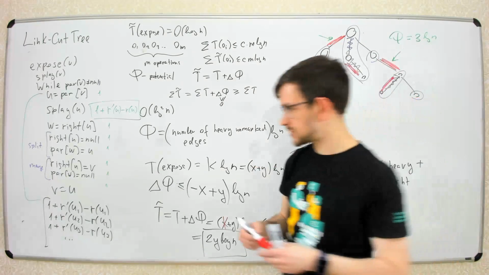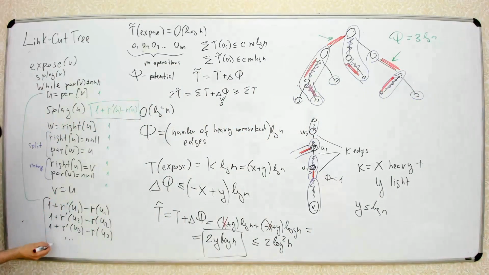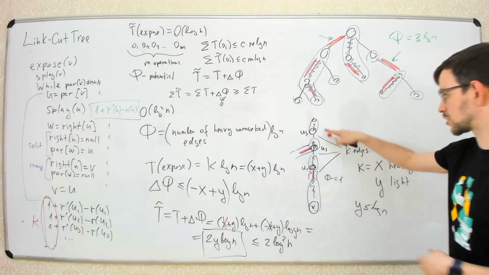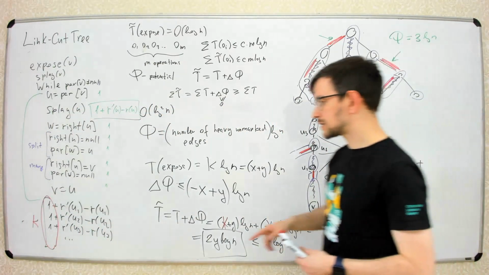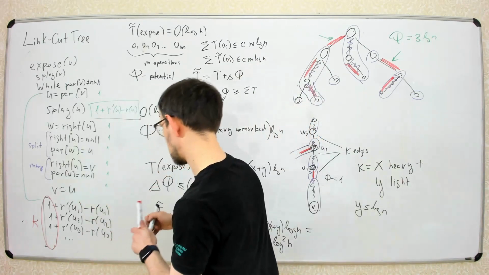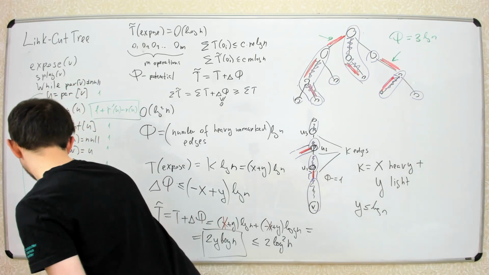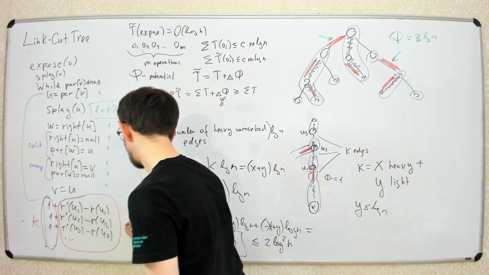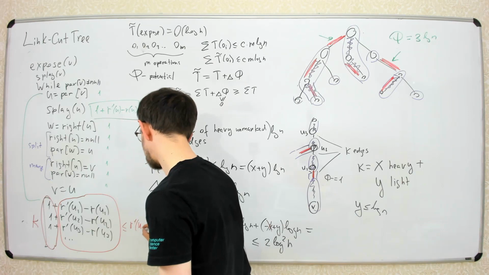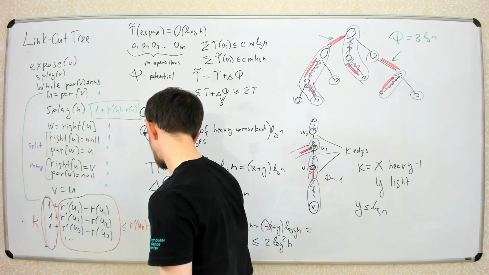It's pretty simple. The sum of the ones is k, because we have k operations here. And the sum of these changes is no more than the difference of the final rank of the last node minus the first rank of the first node.